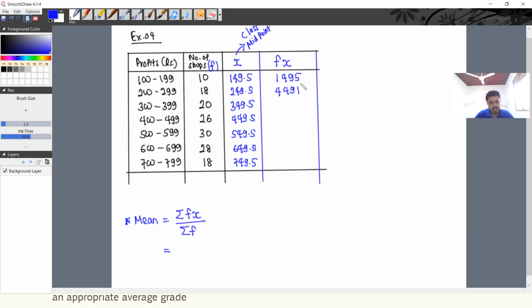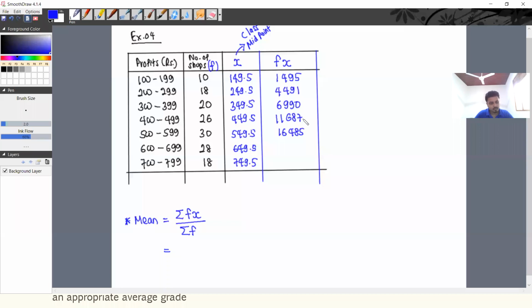Next, 20 into 349.5. That is 6990. Next, 26 into 449.5, that is 11,687. 30 into 549.5, that is 16,485.